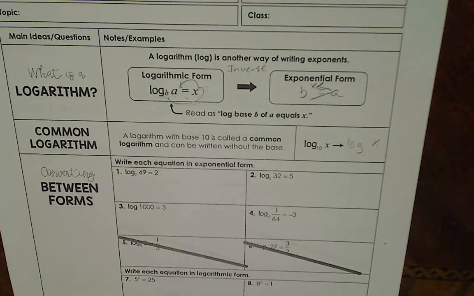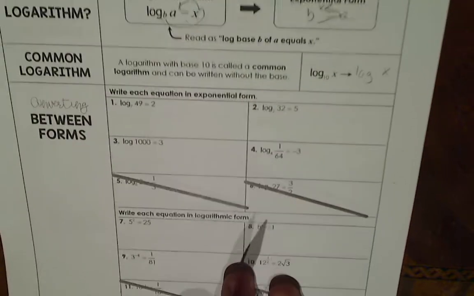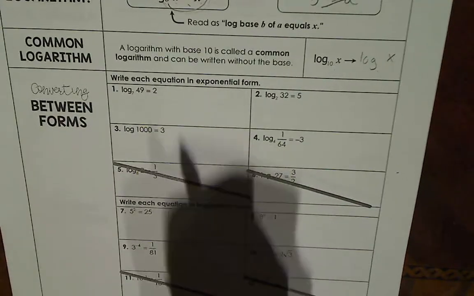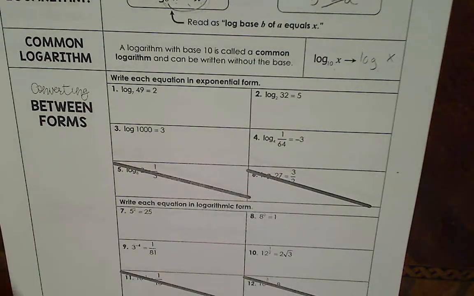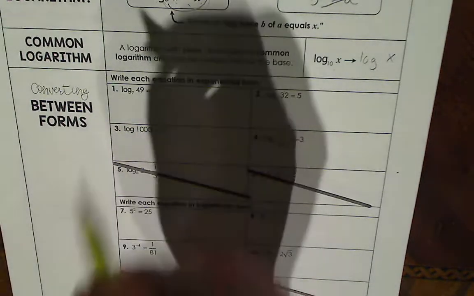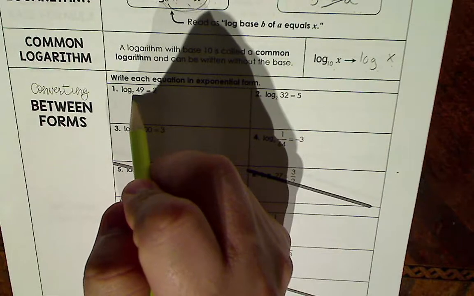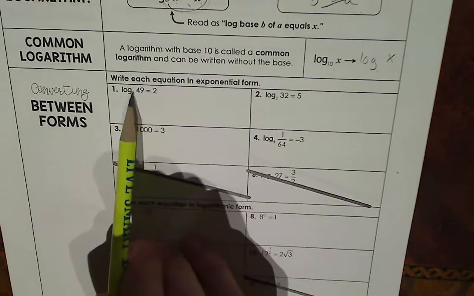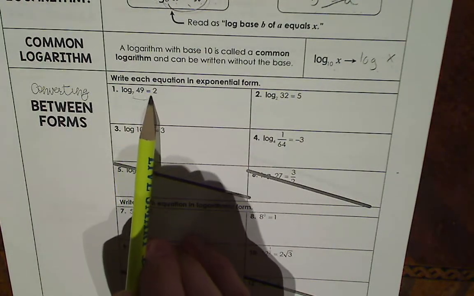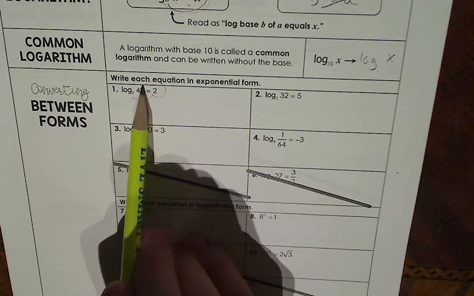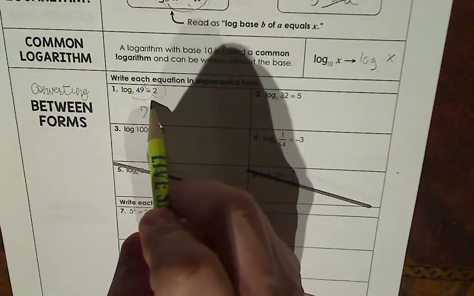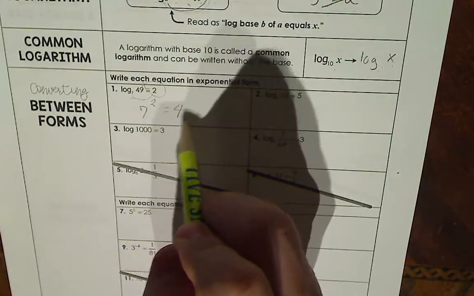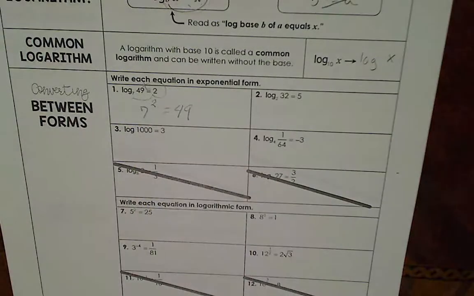To convert between the forms, if you use the rule 7 or circle rule, they'll both work, but you always start at the base number no matter what. So base 7 to the 2 is 49. In other words, I write this as 7 squared is equal to 49, and that's your exponential form.